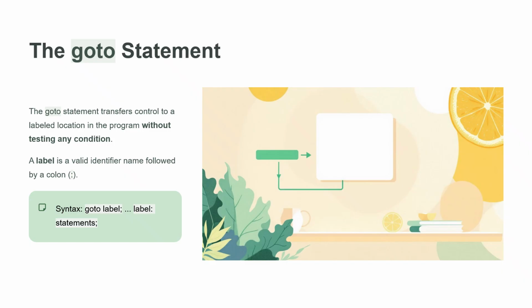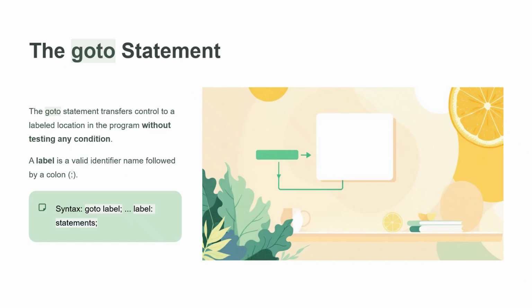You can see the syntax: goto label, semicolon, some set of statements, again label, colon, and statements ended with a semicolon. In this syntax, label is an identifier. When the control of the program reaches the goto statement, it will jump to the label, and then execute the code below, that is, the statements.